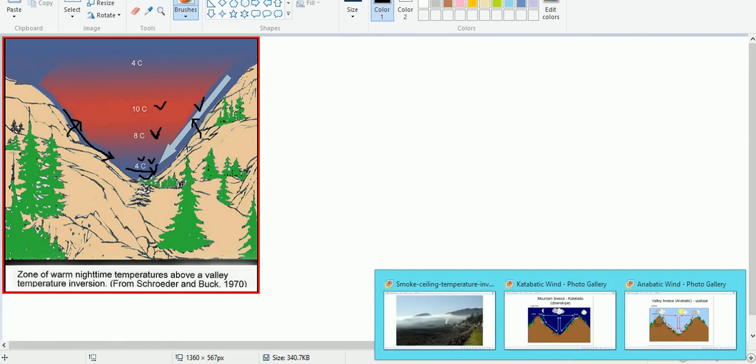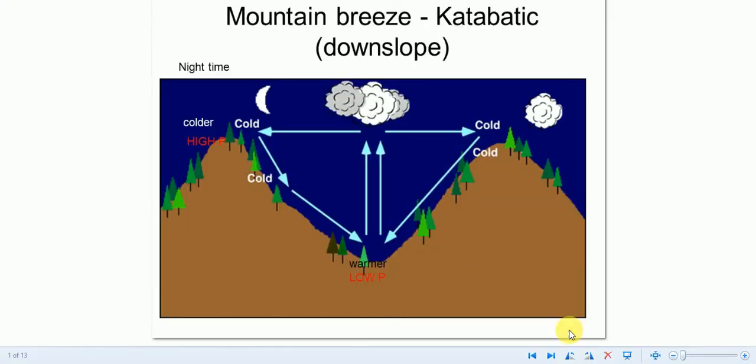And we have one more diagram also. See here, cold air is blowing downwards, and it is accumulated here. So this is what I call air drainage, and it is also known as katabatic wind.